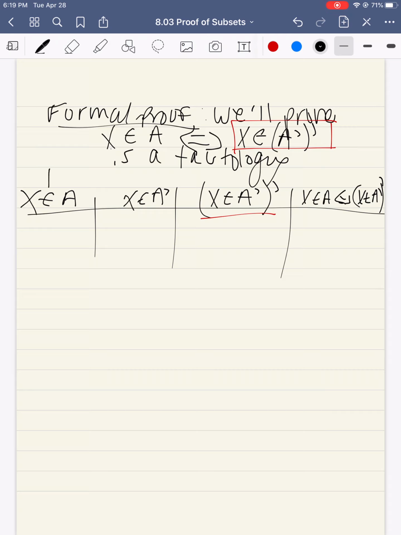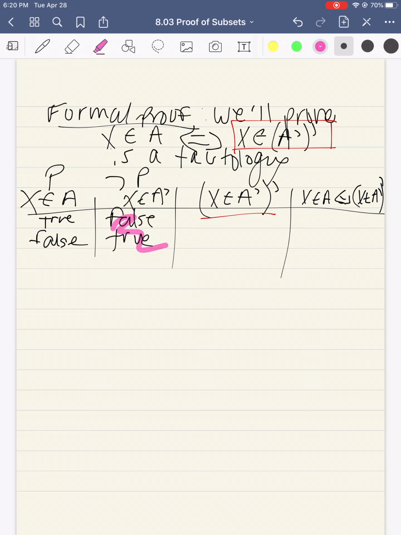So like we did in logic, we had P and Q. This is really only having P because we only have one set, and then this would be not P. So we would only need two rows in our table: true, false, and then false, true. Then this column here is the negation of this column.